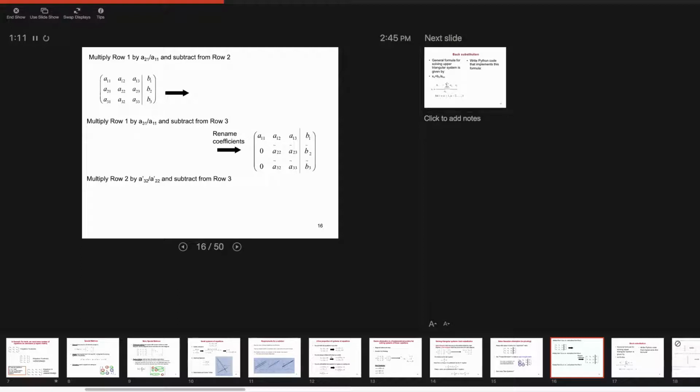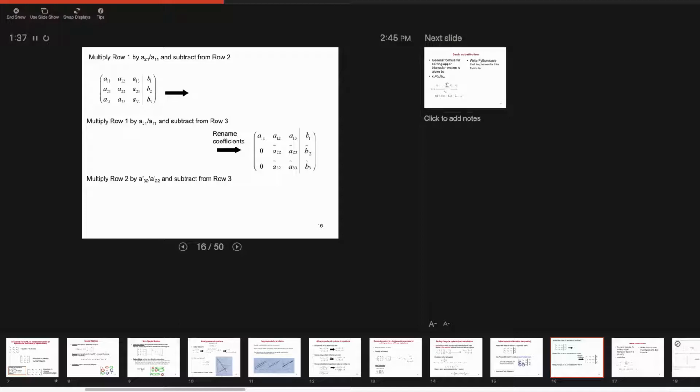If I have a general matrix here, I want to multiply this by something and then add it to my second row or subtract it from the second row, however you want to formulate it, and get a 0.